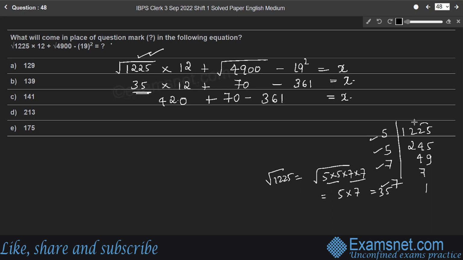So 420 plus 70, 490 minus 361 is x. Therefore, 490 minus 361 is 129 is equal to x. Therefore, x is 129. Option A is the right answer.